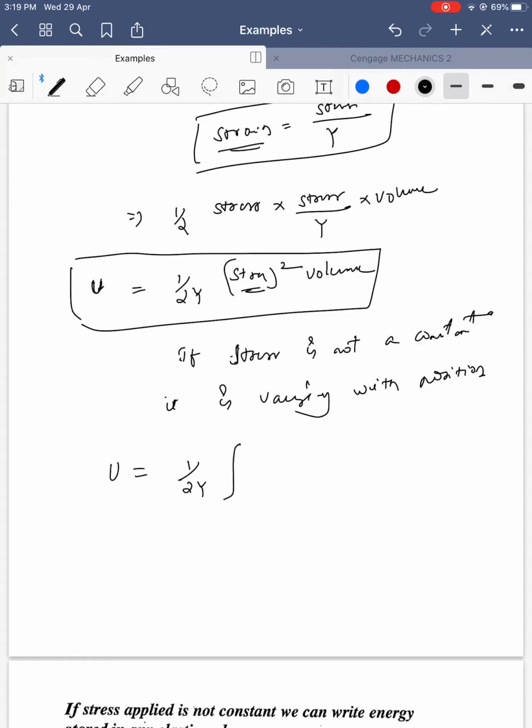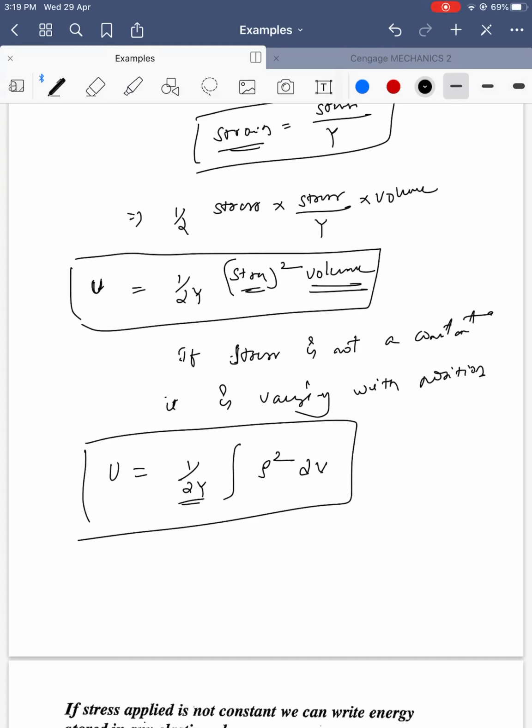Listen carefully, 2Y is a constant in the integral. Stress I am writing as sigma square into a small volume dV. This is the equation for potential energy if stress is varying with the position.